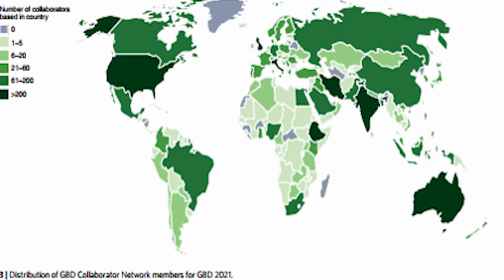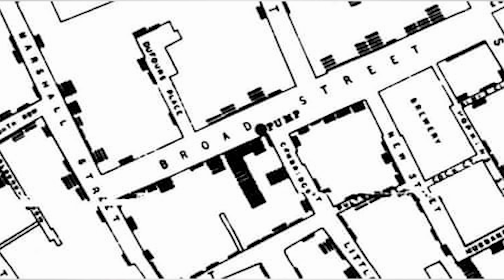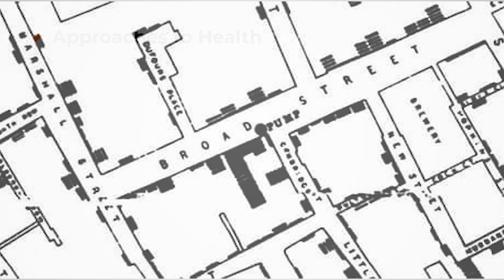All through the module, you may have come across a number of maps. Some of the most spectacular maps are created by the Global Burden of Disease website, and many modules also refer to John Snow's map of the cholera epidemic in London.